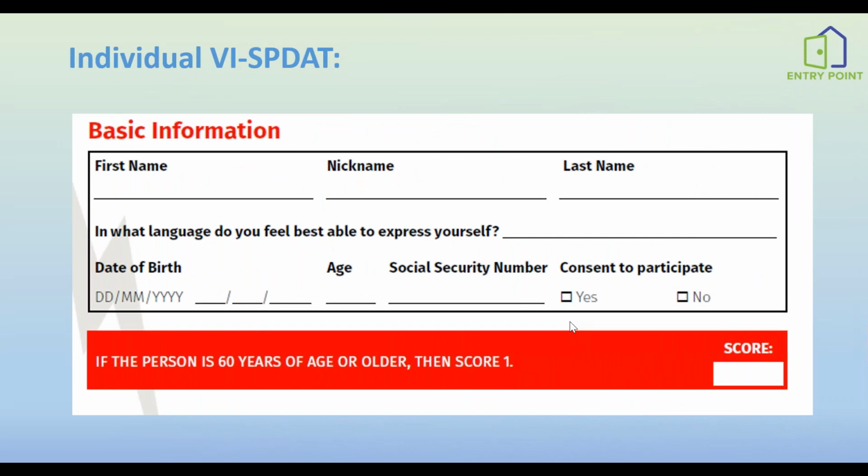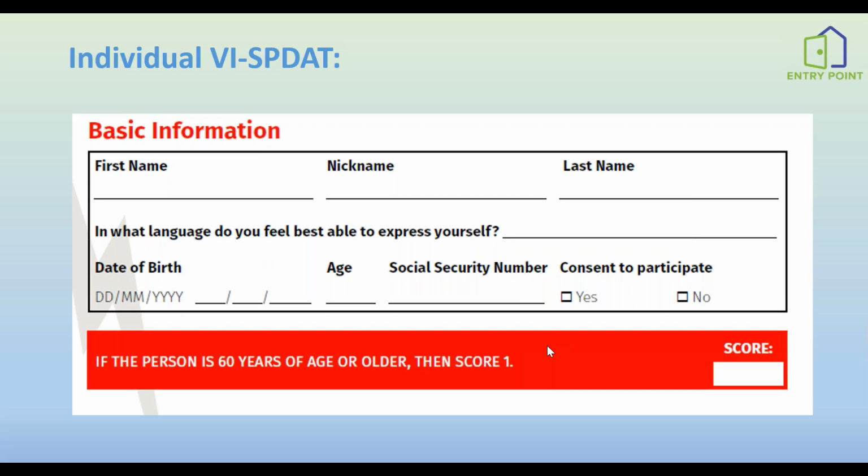Probably you're not going to have to ask someone their name, their date of birth, their age, and so on, because probably you already have that in HMIS as part of their intake and their first assessment that we consider part 2 of our phased assessment. We generally don't ask people for their social security numbers just to do the VI-SPDAT.